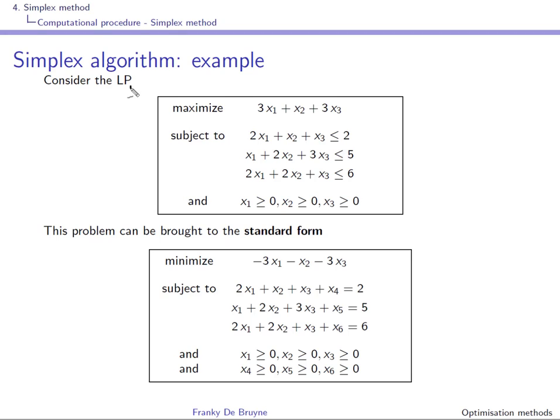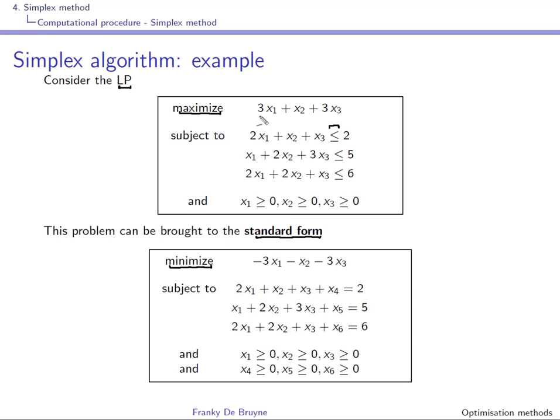It's a linear program. We have a maximization problem, and we have three constraints of the type smaller or equal than. So to transform this into the standard form, remember that this is necessary to be able to use the simplex method. We have to transform the maximization problem into a minimization problem.